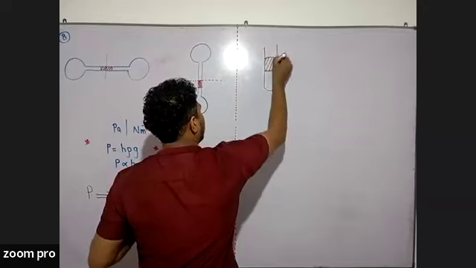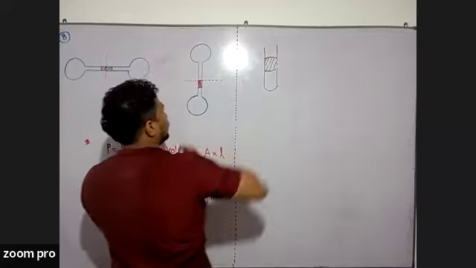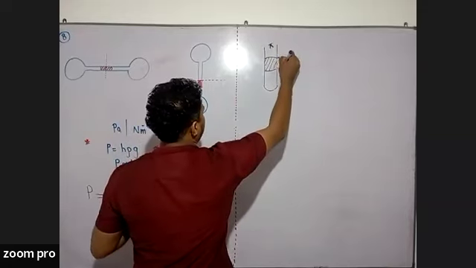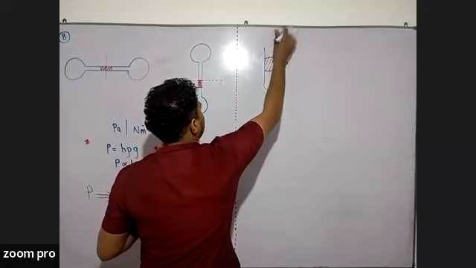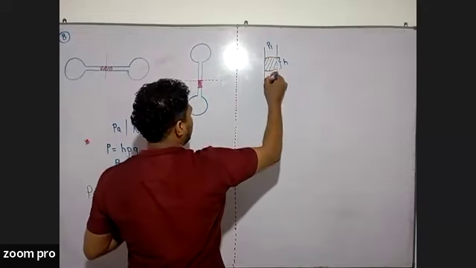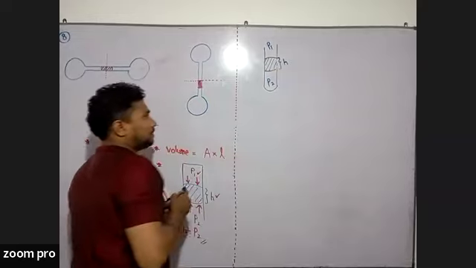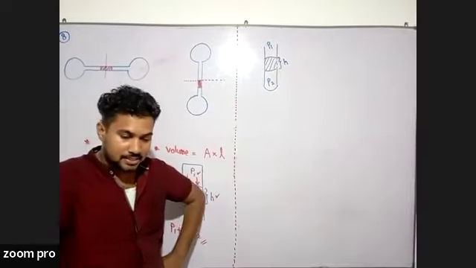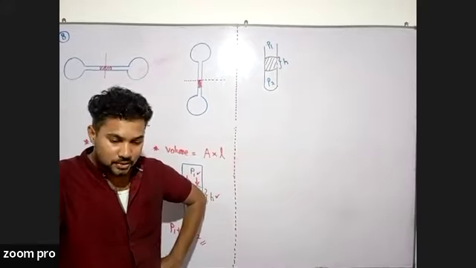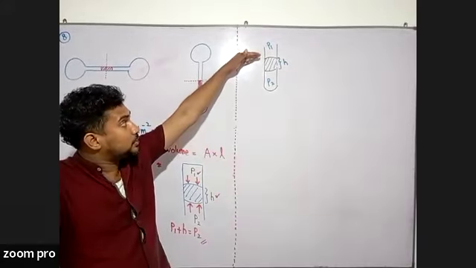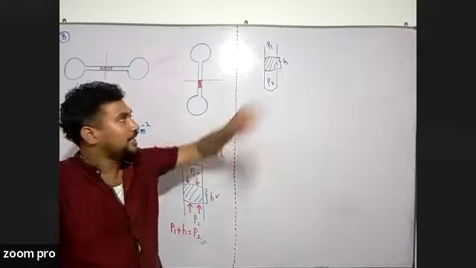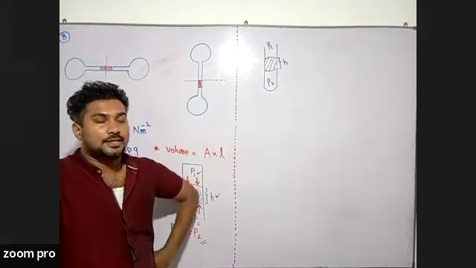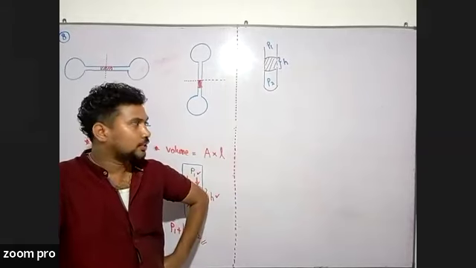So if I ask you to obtain an expression between these three, let's consider the pressure at this point as P1 and the pressure inside this space as P2. So guys, what is the relationship between these three? Let's assume P1 and P2 are given as the height of a mercury column.